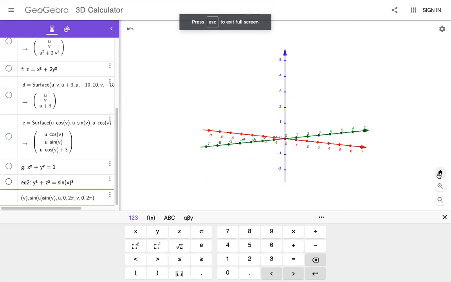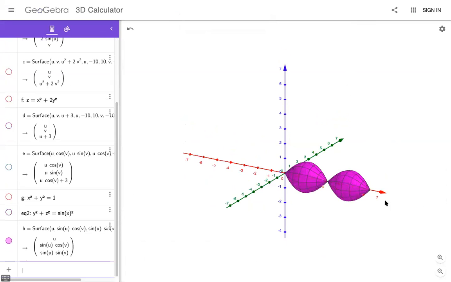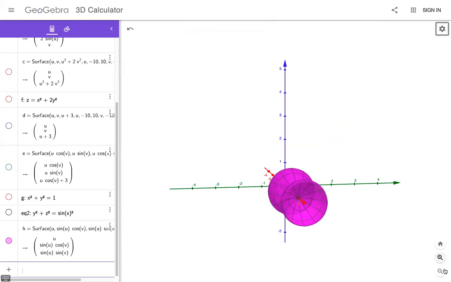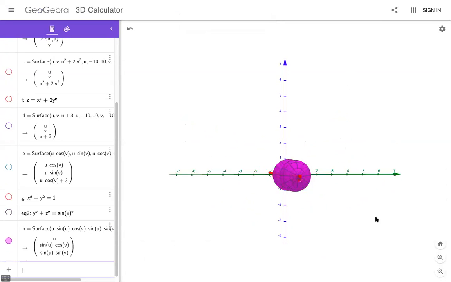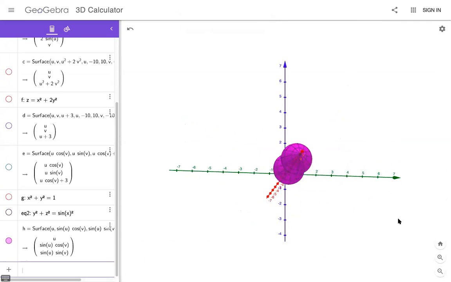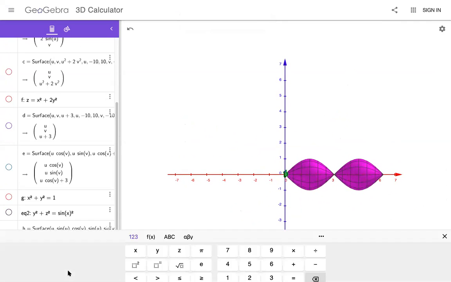I can't seem to be able to zoom in on just that because GeoGebra is being dumb. But my point is, if you look down the side of it, let me see if I can experiment with this a little bit and try to create a curve that I want.